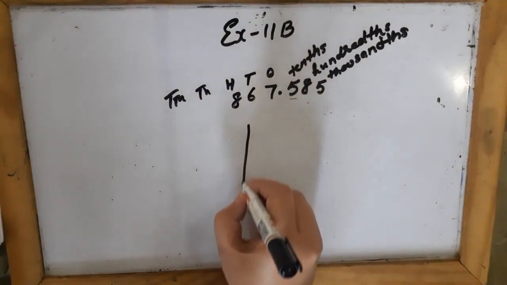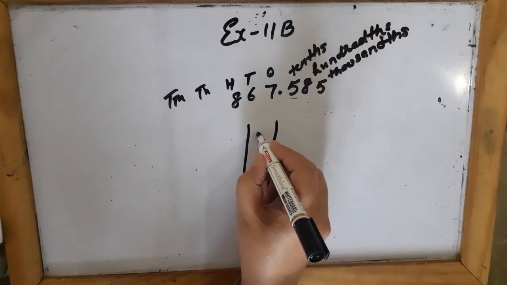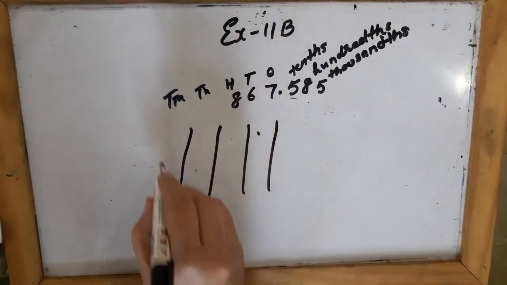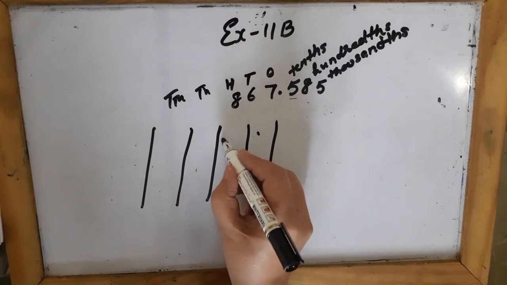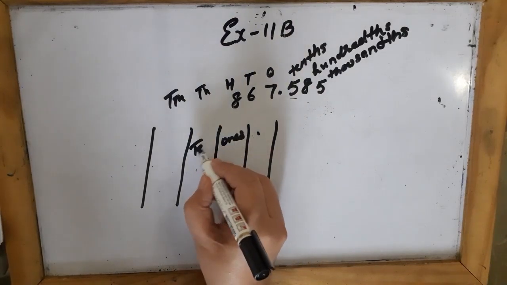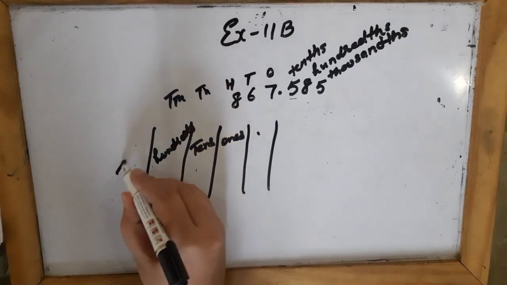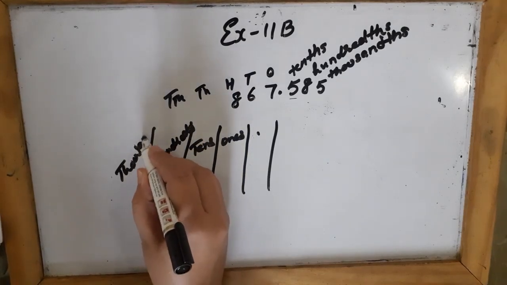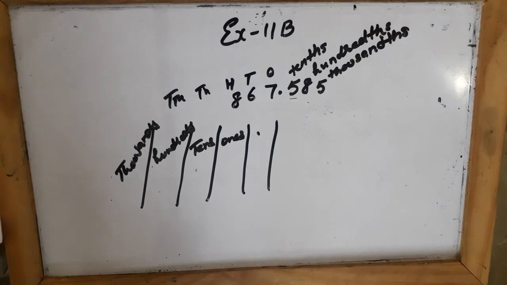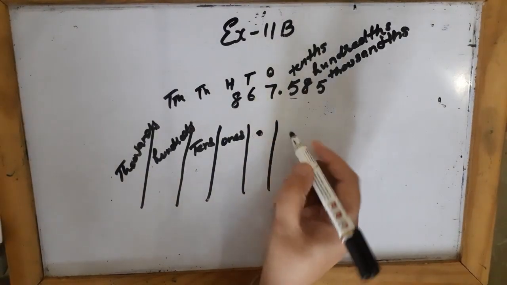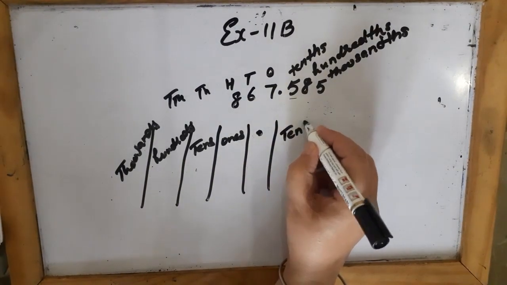If I draw a place value chart, on the left hand side you have ones, tens, hundreds, thousands, as you have learned. This is the whole number part. And after the decimal, what are the place values?